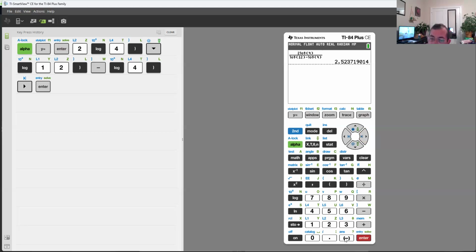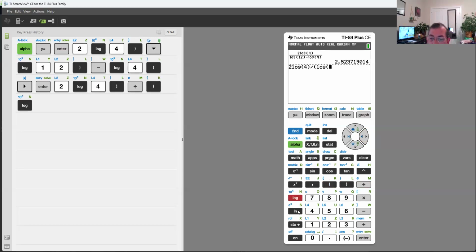Now watch the other way I was talking about. You can do 2 log 4 divided by, at this point, since the bottom has more than one part, the whole bottom will go in its own set of parentheses.